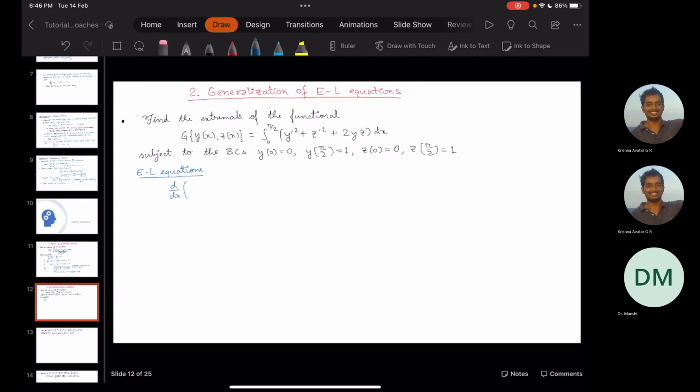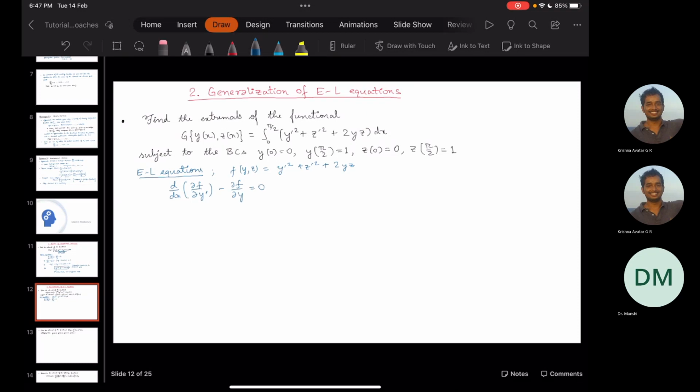The first one will be d by dx of del f by del y prime minus del f by del y is equal to 0, where I call the integrand f of y, z equal to y prime squared plus z prime squared plus 2yz.